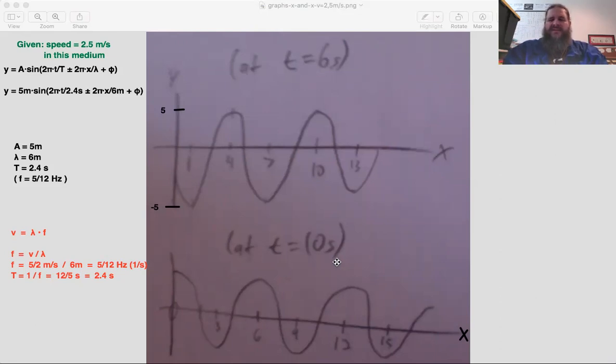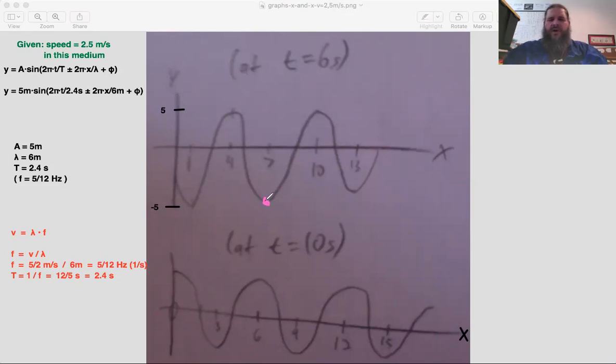But what we can do instead is identify a single piece of the wave, a single crest or trough, or even a single equilibrium that moves to a new location at the new time. For example, I would pick probably a location somewhere near the middle. Let's say we're looking at maybe this trough at 7.